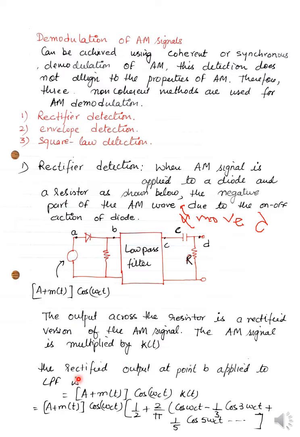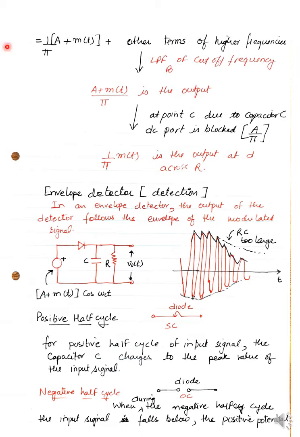So the output across the resistor is a rectified version of the AM signal. The AM signal is multiplied by kt. The rectified output at point B applied to the LPF is A plus mt cos omega ct, multiplied by kt, along with other terms of higher frequencies.